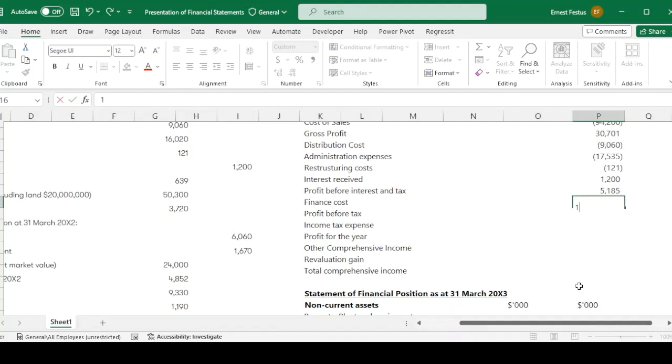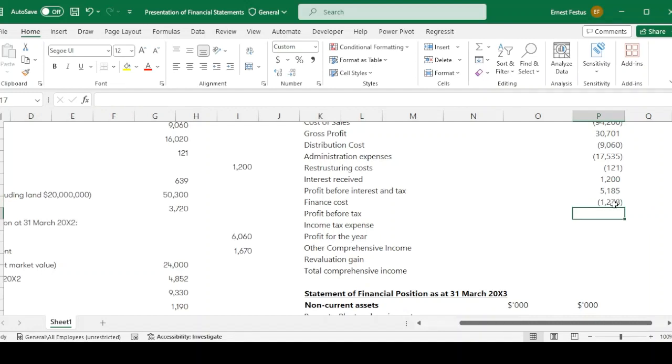So that is 18,250 multiplied by 7%. That is 0.07. Sorry, I didn't bring my equal to sign. So let me bring my equal to sign, then I'll hit enter. And this is supposed to be a negative figure as well. So negative.